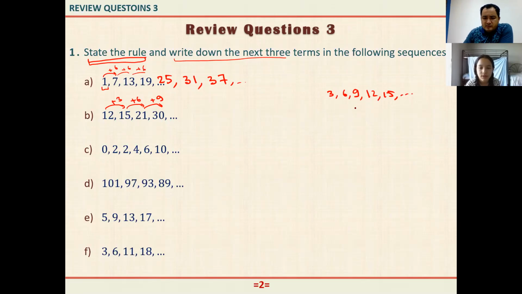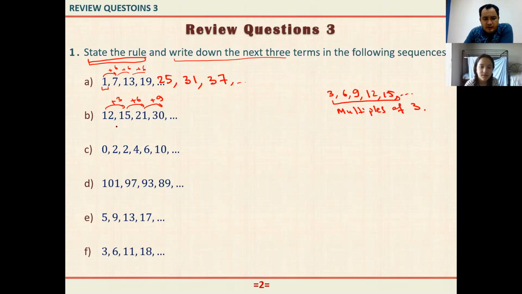What are these numbers? I think multiples of 3, yeah. These are multiples of 3, right? Because 3 times 1 is 3, 3 times 2 is 6, 3 times 3 is 9, these are multiples of 3. So as you see here, we are just adding multiples of 3.